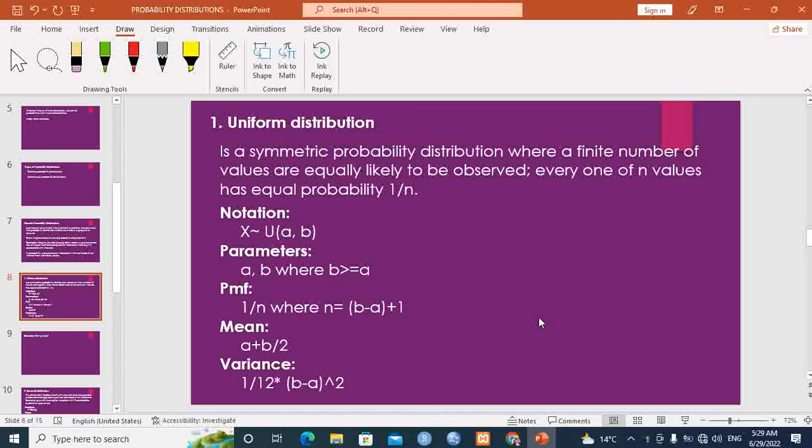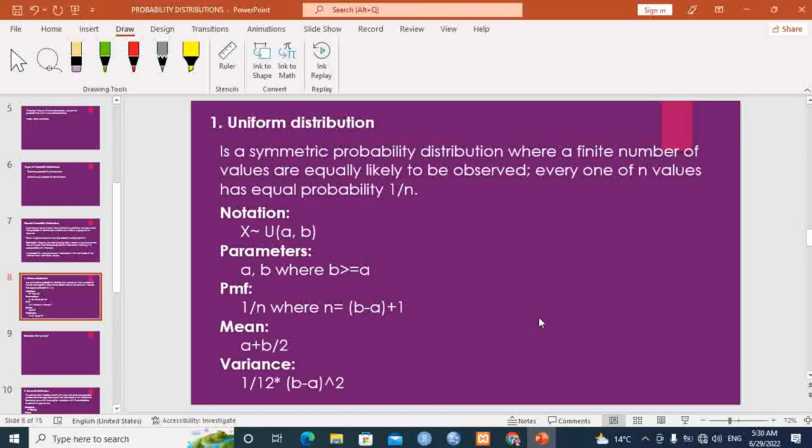Alright, what do we mean by this? When we have the outcome of an experiment having equal probability, or equiprobable, as we call it in probability language, we are going to have uniform distributions.